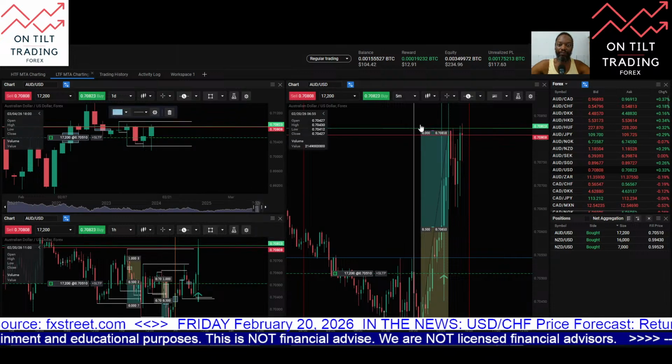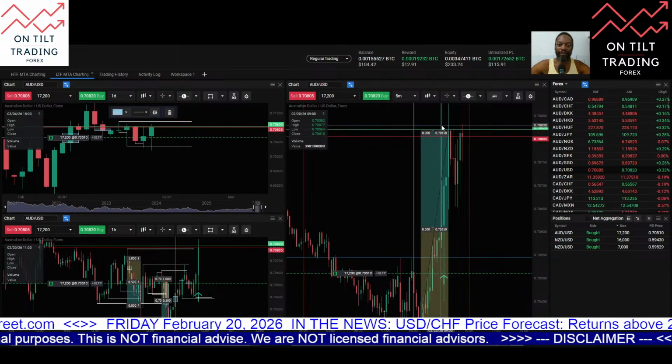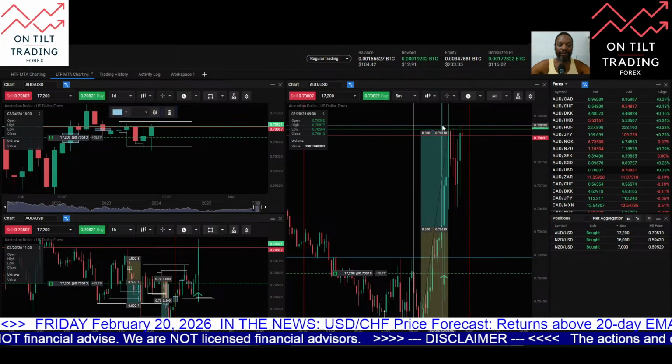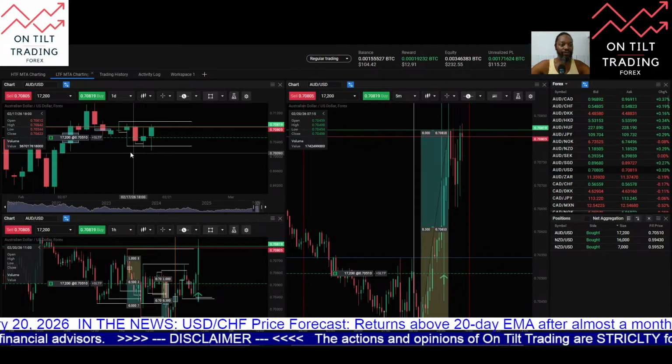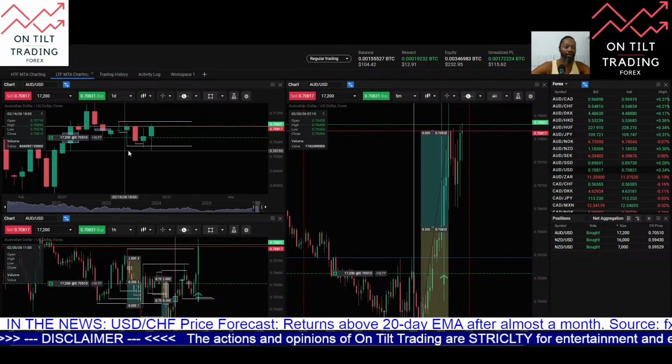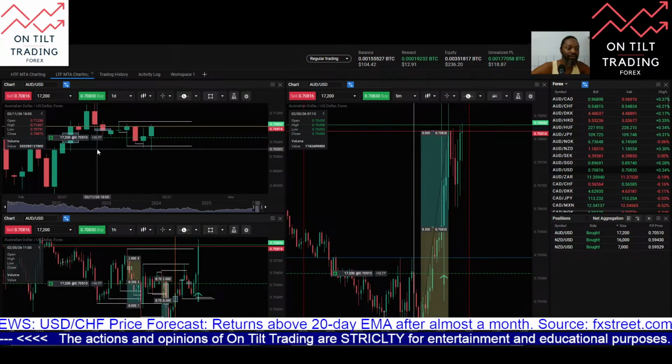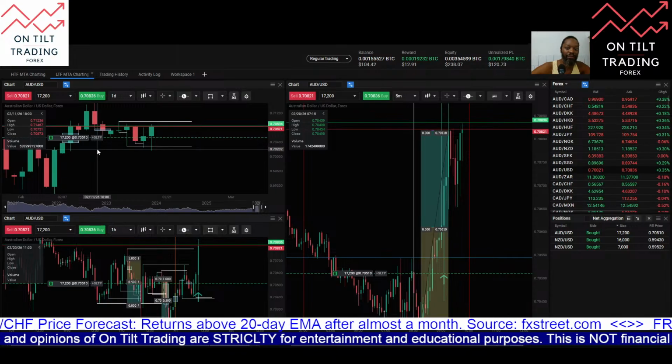Just with the proximity of these relatively equal highs here, 78, 77. Just seeing that my likely target here is really close to that, so I may want to extend my profit target.